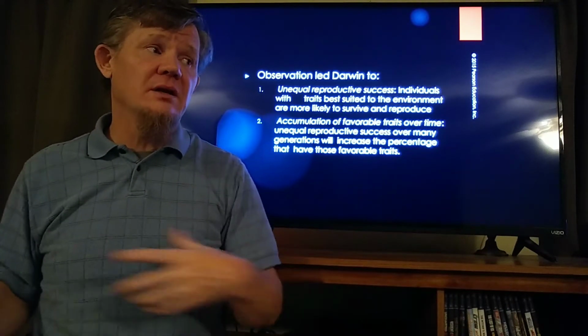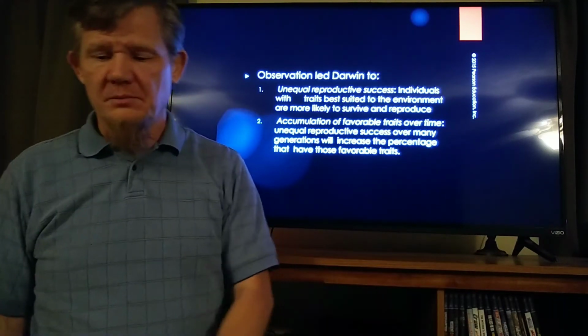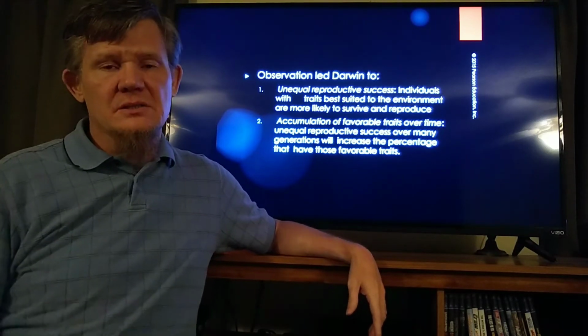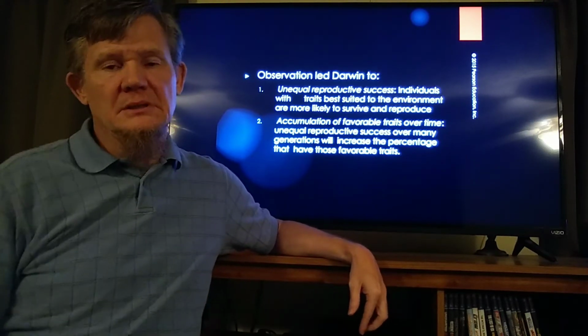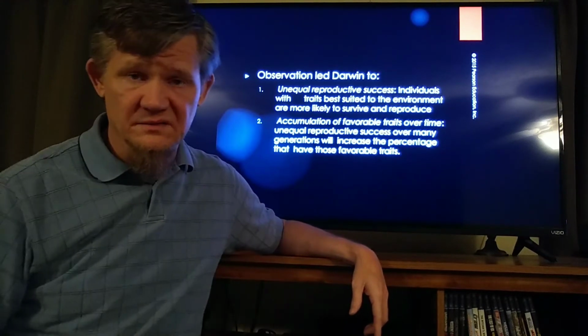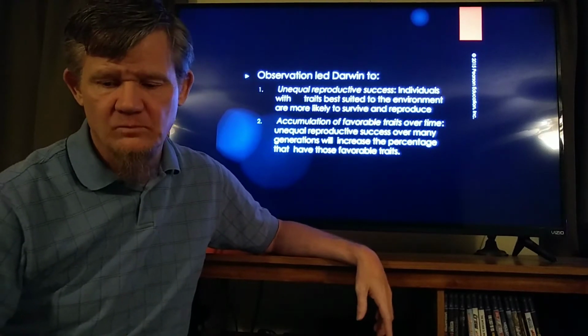And each area is different, which is why we have so many different species. Beneficial traits, beneficial adaptations will accumulate, will build up in a population over time because of unequal reproductive success. Only the ones who did best in that environment survived.